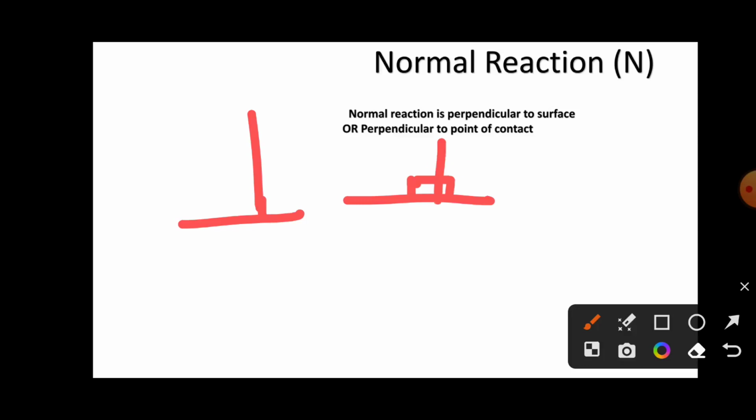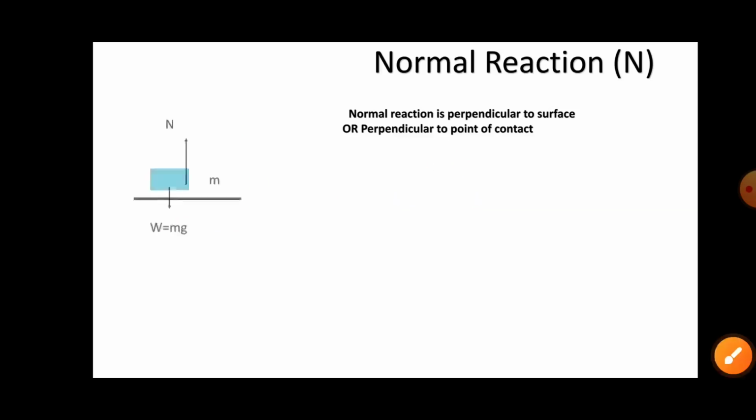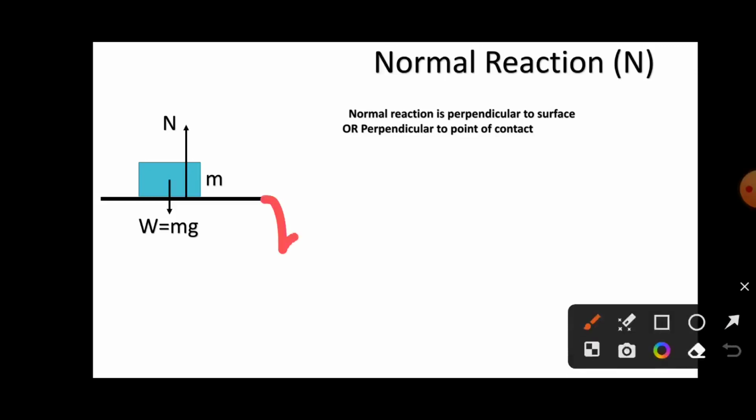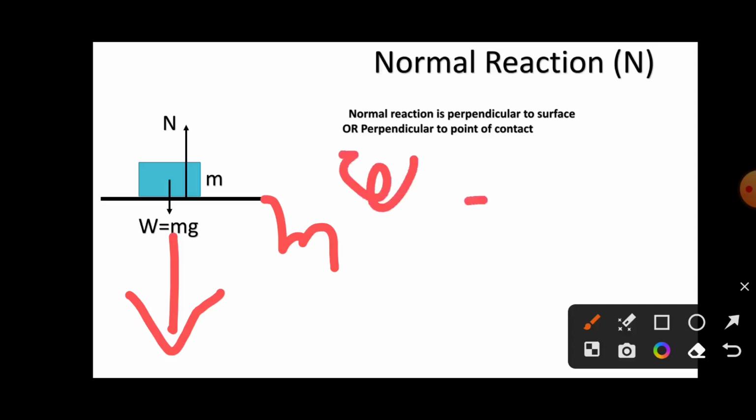Now let's take an example. Suppose the mass of the object is m. The weight force is applied downward. So W is equal to m into g.